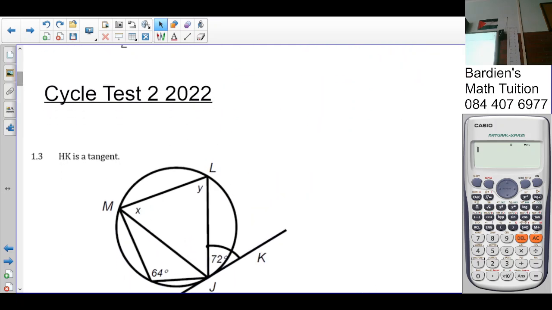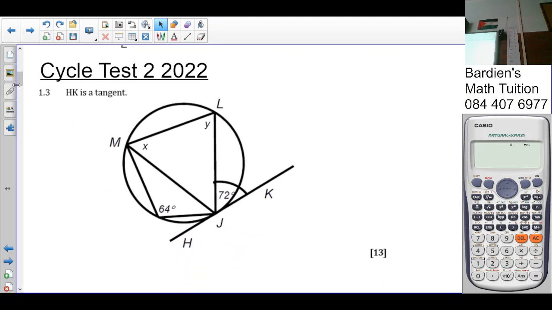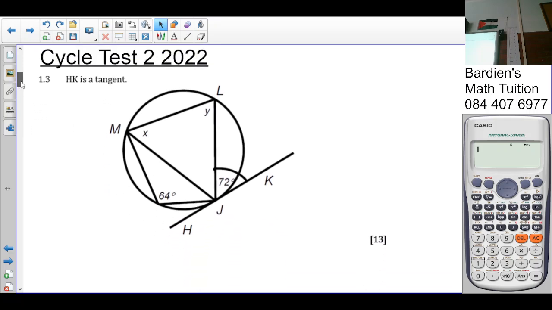In question 1.3, we are told that HK is a tangent. So what comes to mind? Tan-chord theorem. Radius perpendicular to tangent. Tangents from a common point is not evident here. So x is equal to 72 degrees, tan-chord theorem.